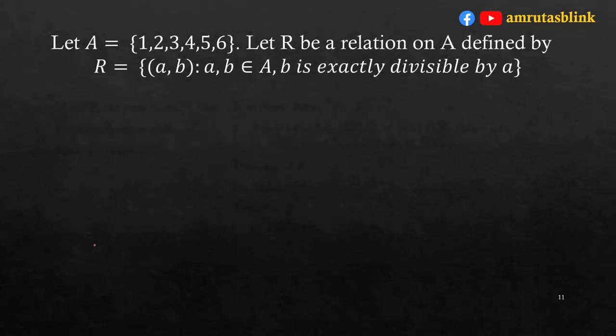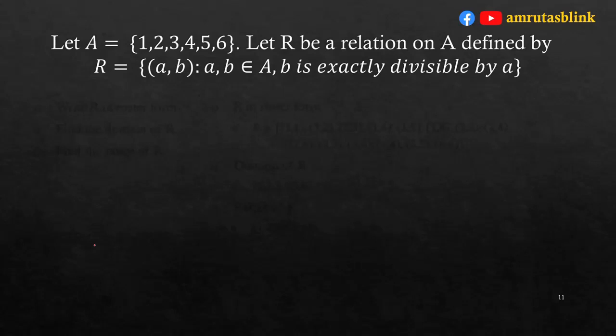Moving to next problem. Let A = {1, 2, 3, 4, 5, 6}. Let R be the relation on A defined by R = {(a, b) such that a, b belong to A and b is exactly divisible by a}. Now we have already solved one problem where y was relatively prime to x.